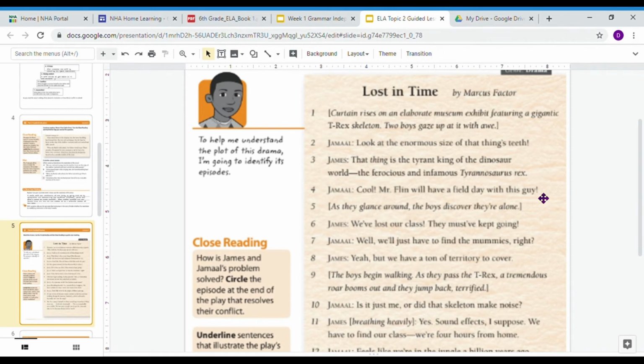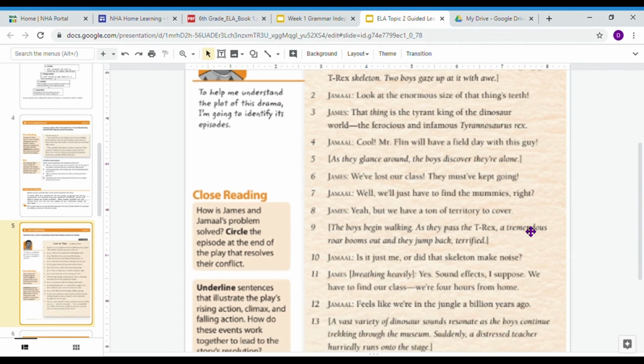Cool! Mr. Flynn will have a field day with this guy. As they glance around, the boys discover that they're alone. James, we've lost our class. They must have kept going. Well, we'll just have to find the mummies, right? Yeah, but we have a ton of territory to cover.